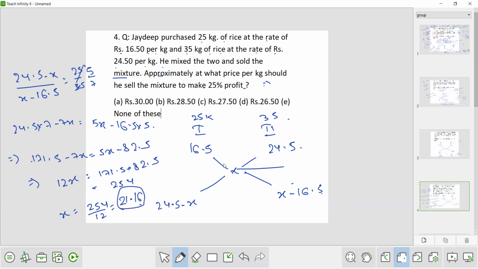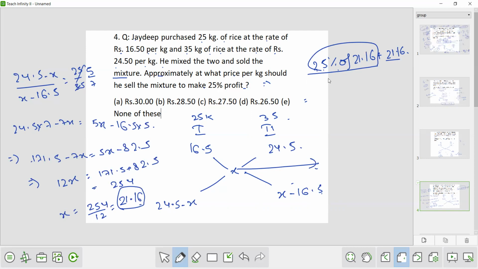Now this is the resultant price. Jaideep wants to make a profit of 25%. So to make a profit of 25%, at what price should he sell? This is his cost price. So 25% of 21.16 plus 21.16, because this is the profit and this is the cost price. Selling price is profit plus cost price. 25% of 21.16 means 1/4 of 21.16.